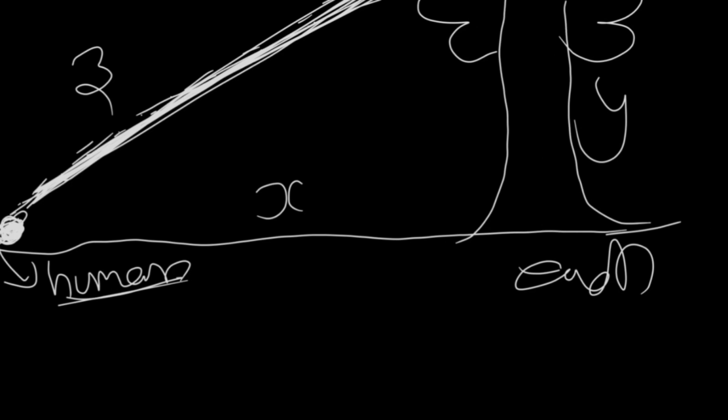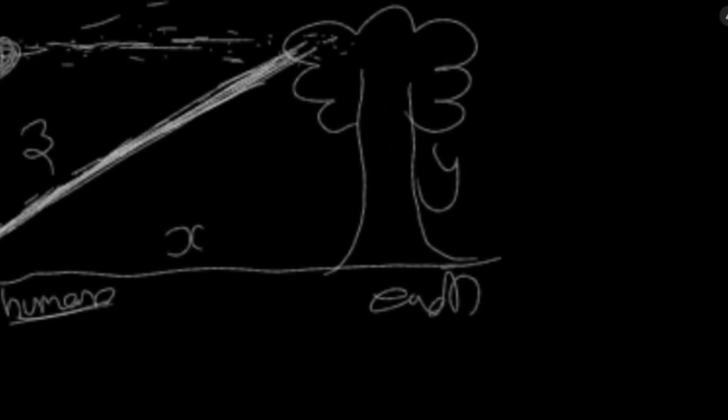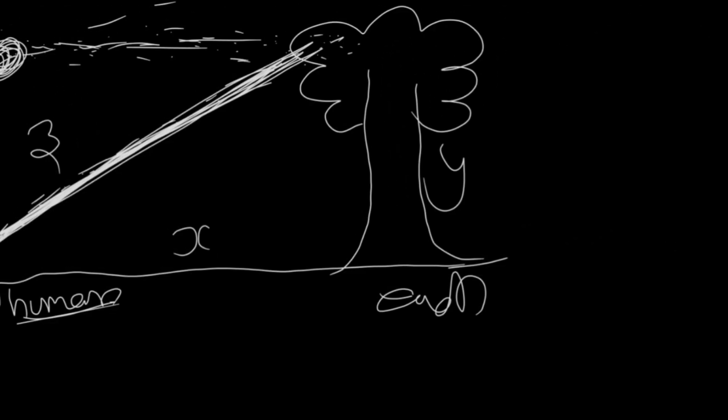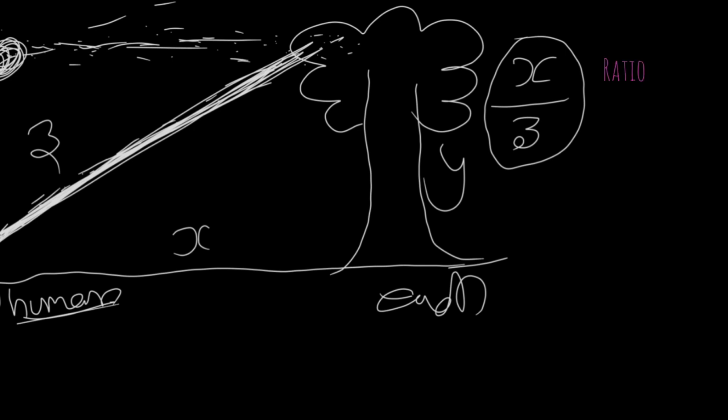Now I'll take the distance between the tree and the human, x, and divide it by z. We can notice that this is a ratio, because it is divided by something.